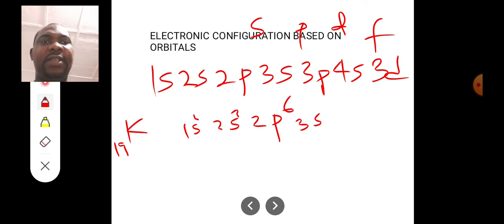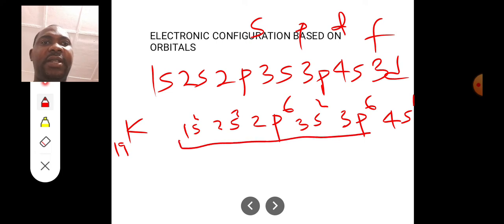Then you have 3s2, making it 12. After 3s should be 3p, 3p6, making it 18. Okay, that means the next should be 4s1, making it 19. So this is the configuration for potassium.